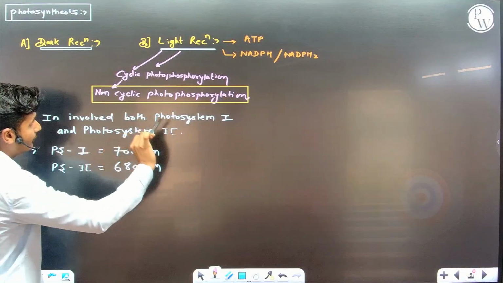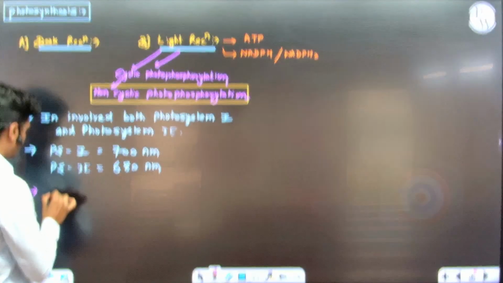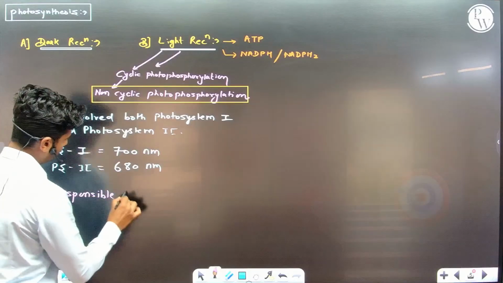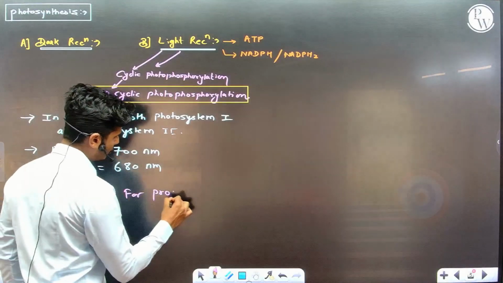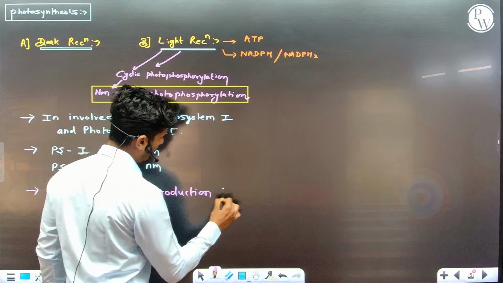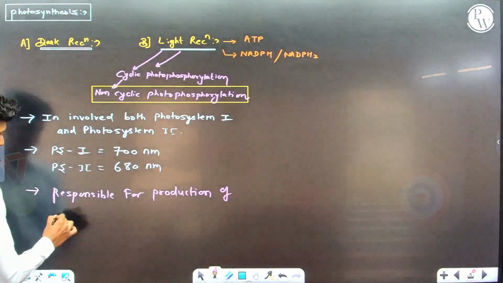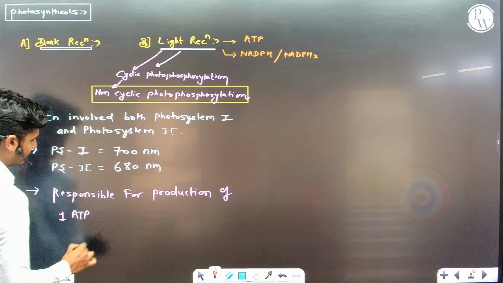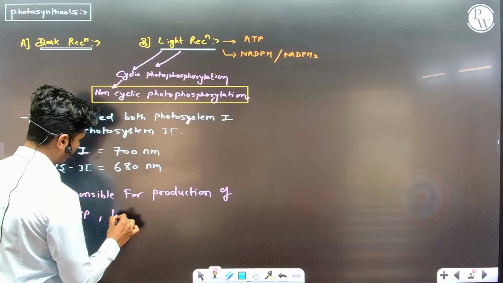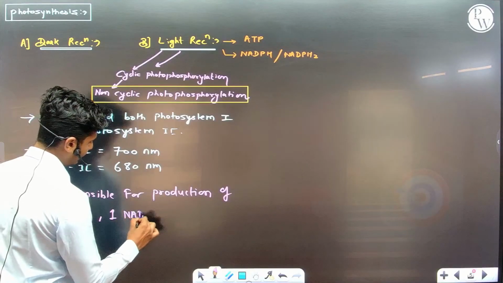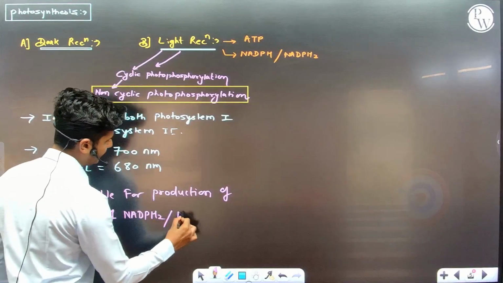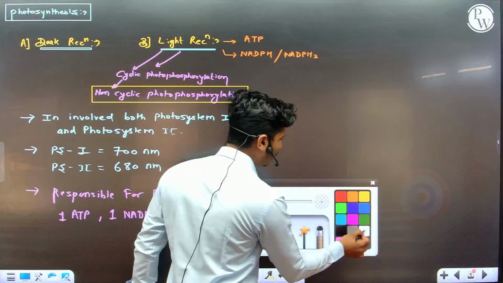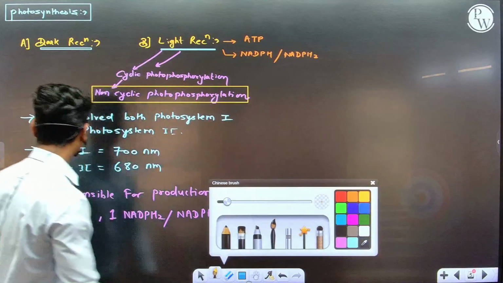This non-cyclic photophosphorylation is responsible for production of one molecule of ATP in one cycle and one molecule of NADPH2, or we can say that NADPH.